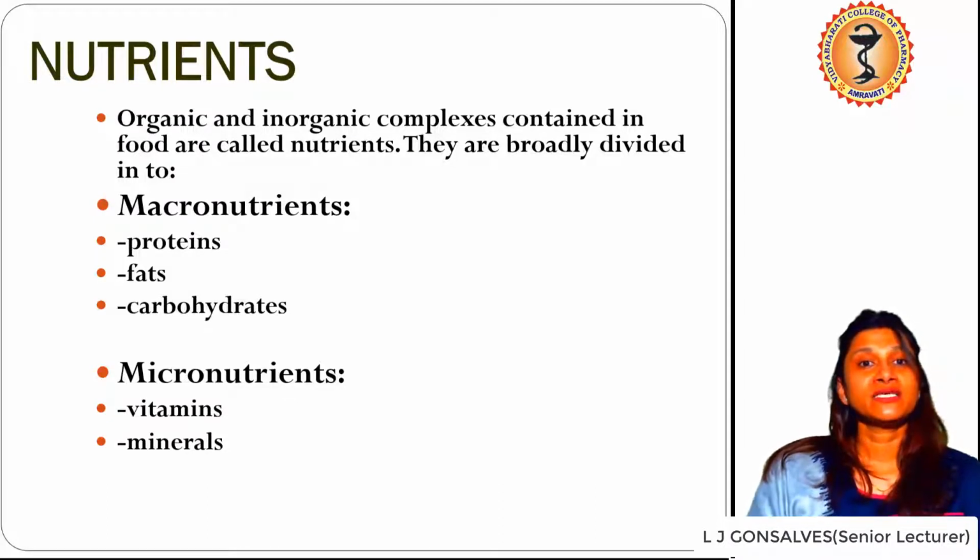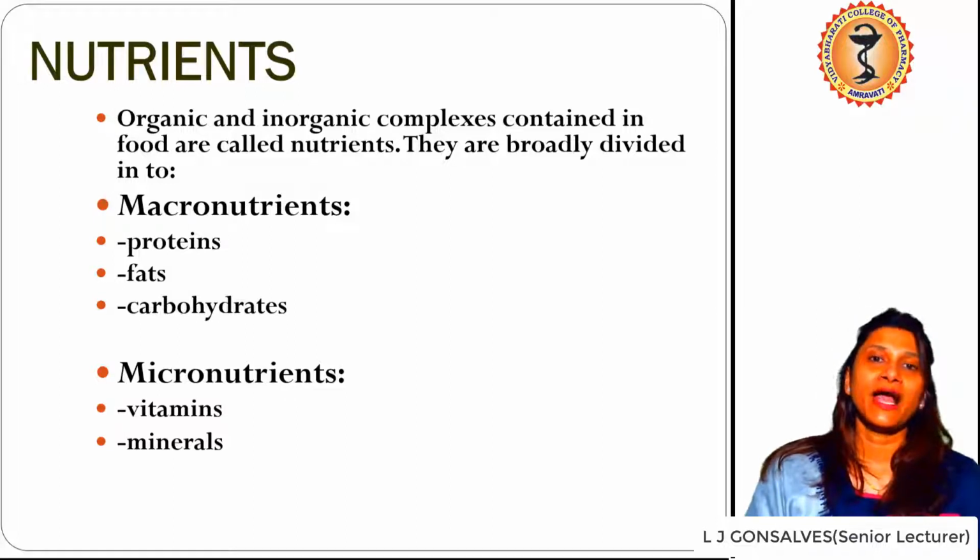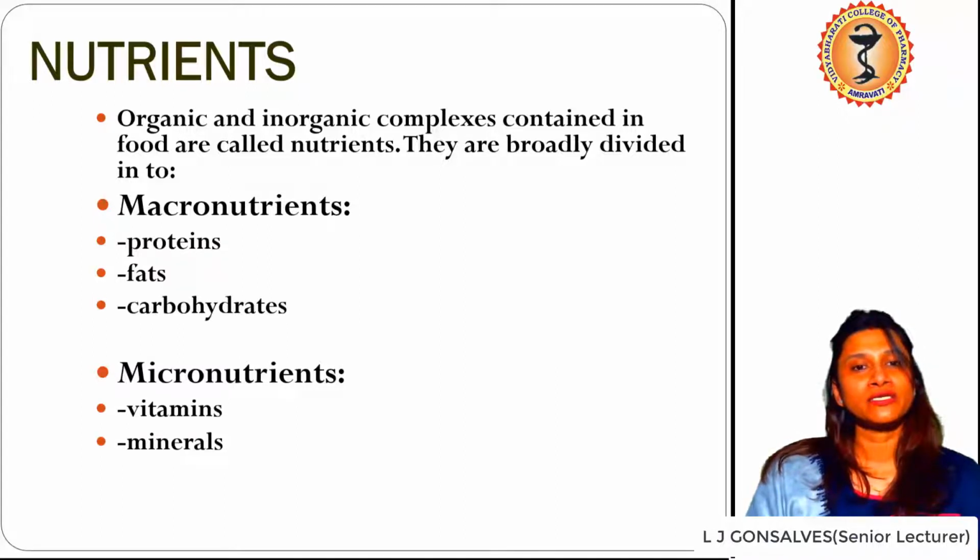Now, before proceeding to see the various nutrients individually, we'll see what we mean by nutrients. Nutrients are the organic and inorganic complexes contained in food. They are further broadly divided into two parts, that is macronutrients and micronutrients.